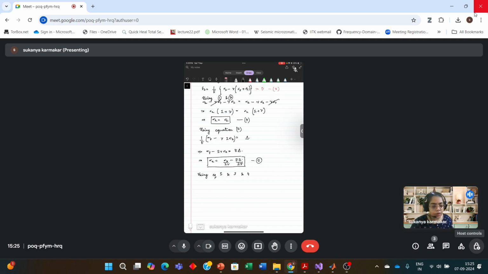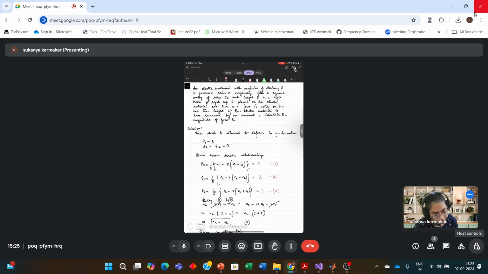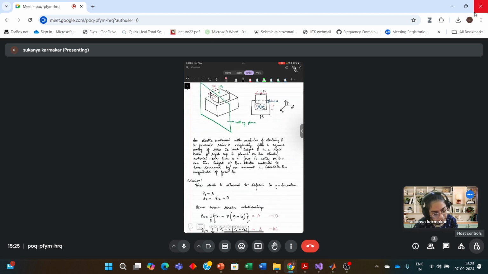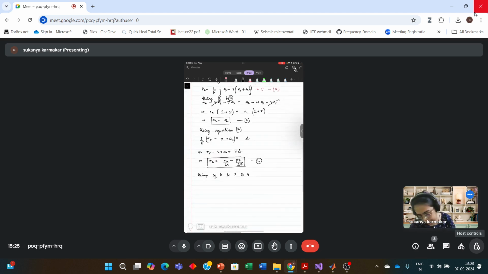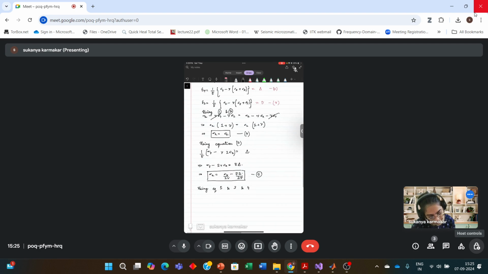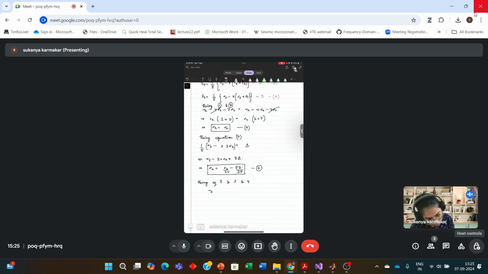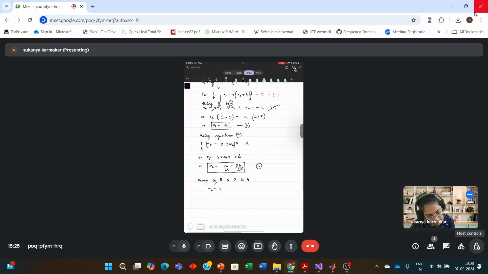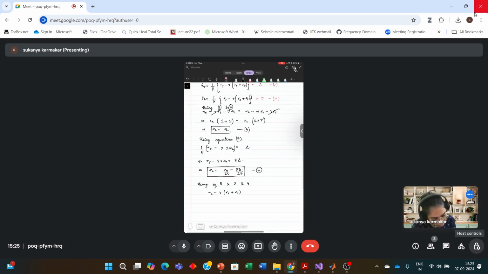Basically, I want to develop an expression for sigma y in terms of the material properties, right? So here we have sigma z minus nu times sigma x plus sigma y is equal to 0. This is equation number 3.